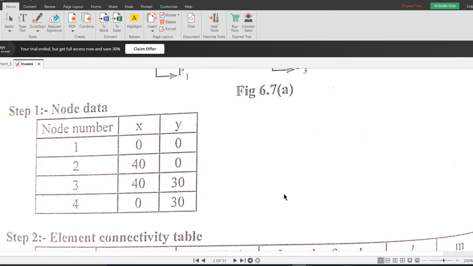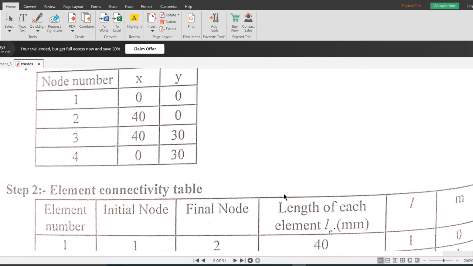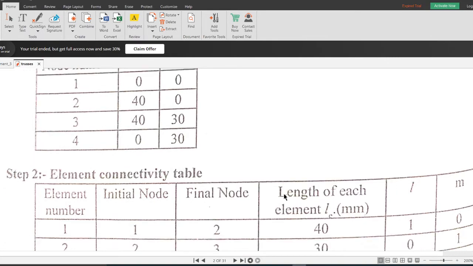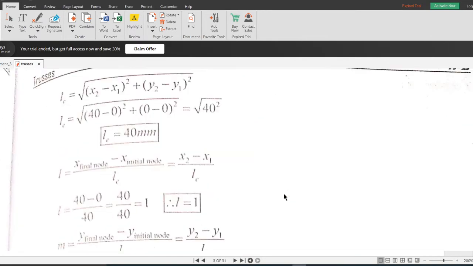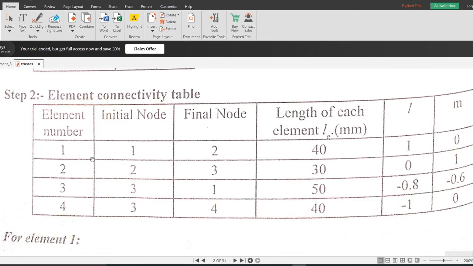Sir, root 1600, L is 40. Correct. All of you got 40. What is the formula? Square root of x2 minus x1 whole square plus y2 minus y1 whole square, that is 40. Similarly, what is the direction of cosine? L1 is 1. Correct.